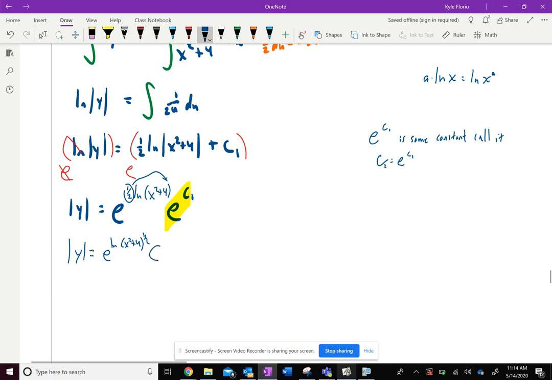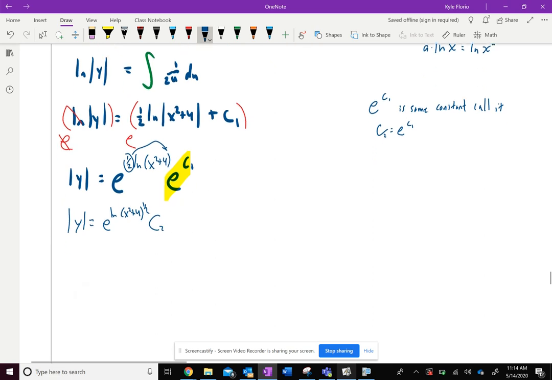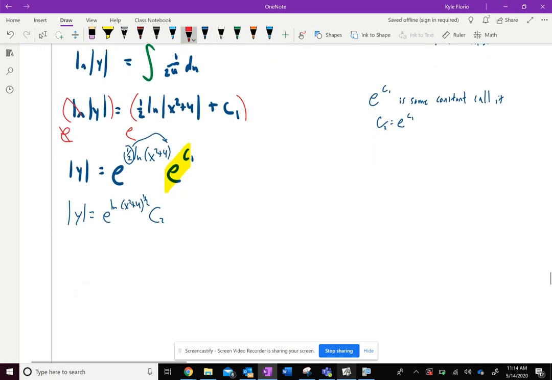So we have some constant, which is e to the c1, but again, it's just some constant. Now, properties of logs, the e and the natural log undo each other, which is going to make this look even nicer. I'm going to get just x squared plus 4 to the 1/2, but taking it to the 1/2 is the same thing as the square root. And I'm just going to move that C2 right here.